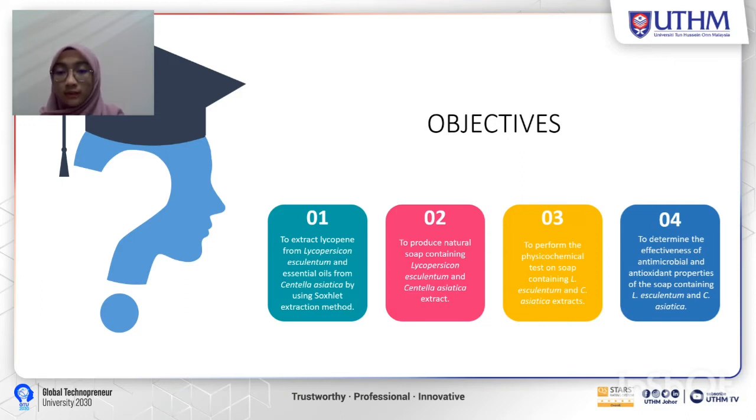The third objective is to perform the physicochemical test on soap containing Lycopersicon esculentum and Centella asiatica extracts. And lastly, it is to determine the effectiveness of the antimicrobial and antioxidant properties of the soap containing Lycopersicon esculentum and Centella asiatica.